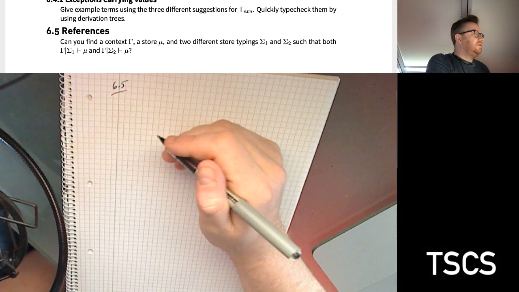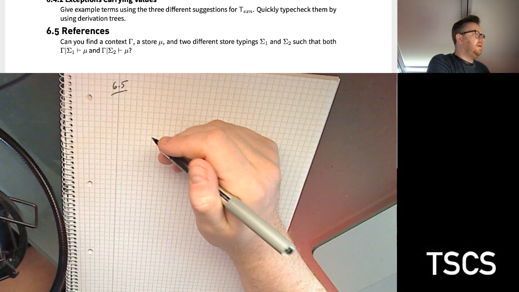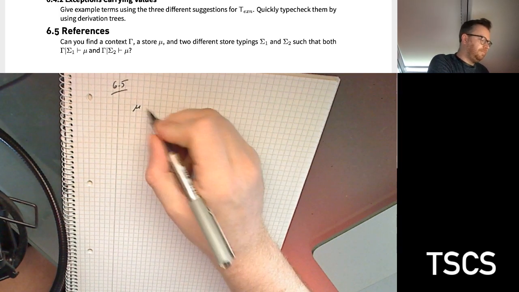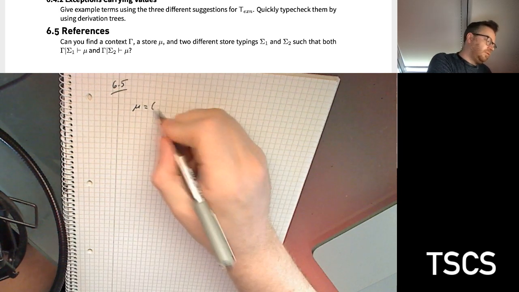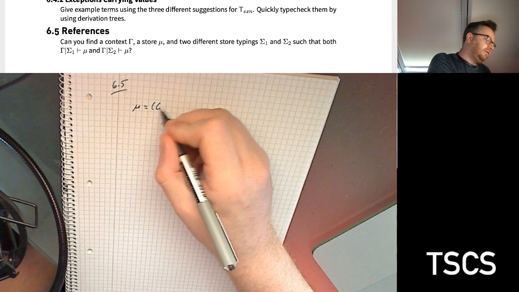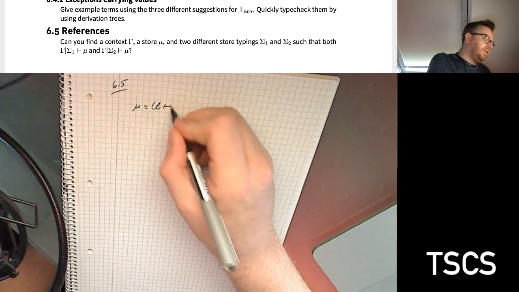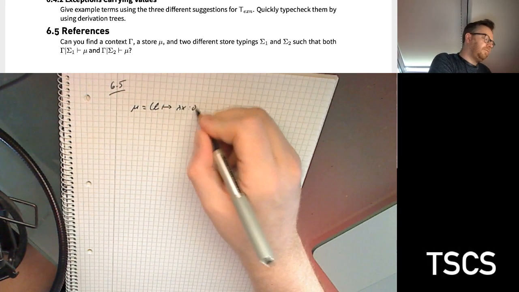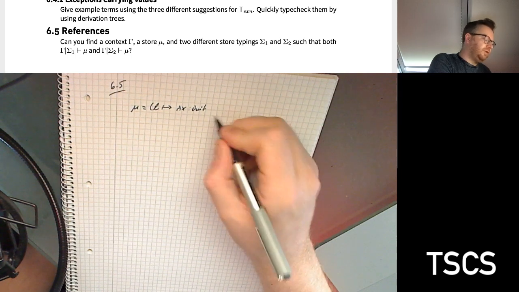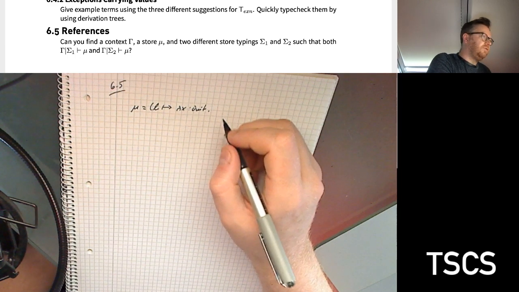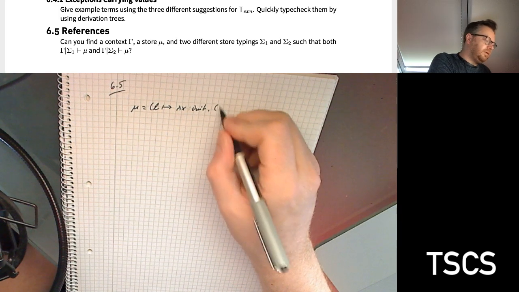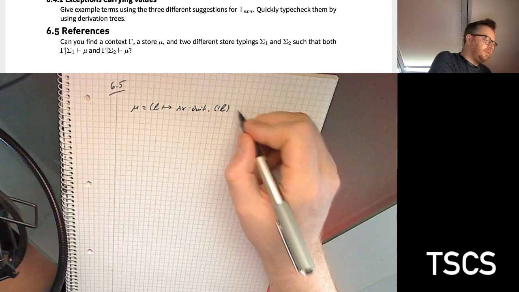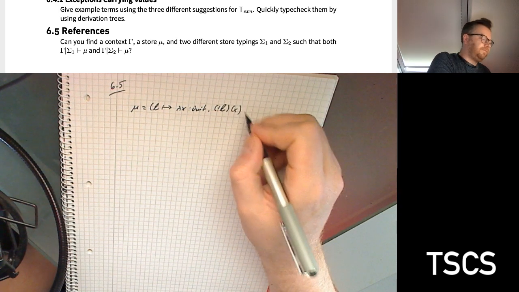Okay, for this, let's construct such a state with a single location. So small sigma has a location L, and this maps to lambda x from unit. For this, we dereference L and apply x to this.